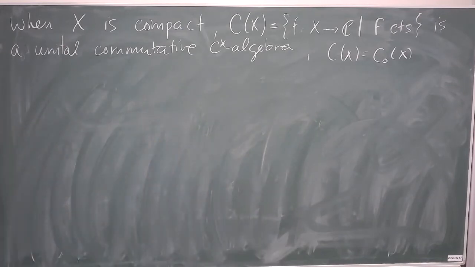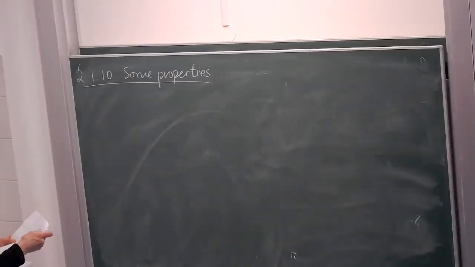Okay, let's see some not so difficult properties that we get immediately just by virtue of having a C-star norm. Or perhaps I could call this why C-star algebras are much nicer than general Banach star algebras.